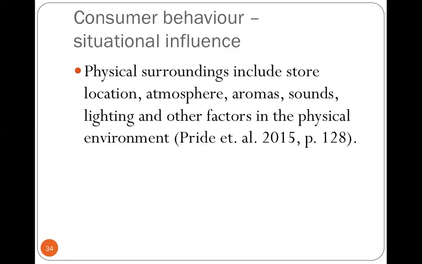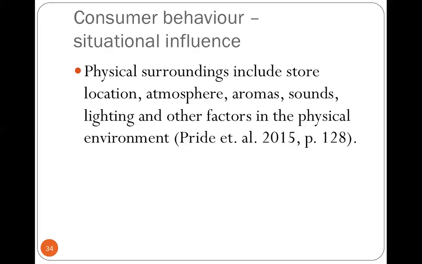Okay, let's have a look at them. Physical surroundings include the store locations, atmosphere, aromas, sounds, lighting, and the other physical aspects when the consumers make decision. You can also ask yourself, when you walk around the shopping center, and suddenly you found something from the store, and the atmosphere in the store may attract you.